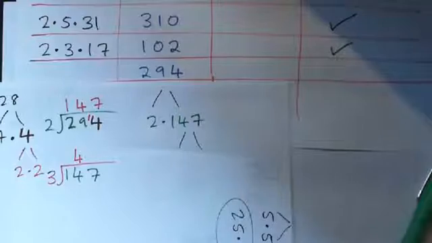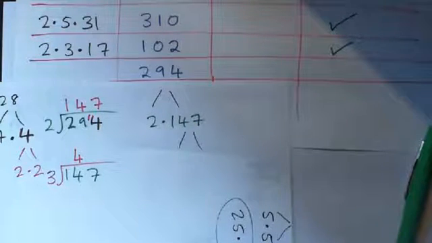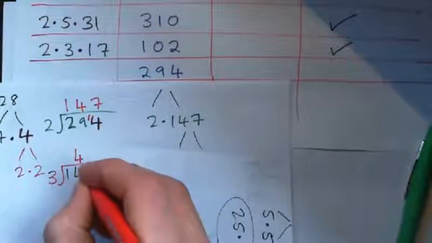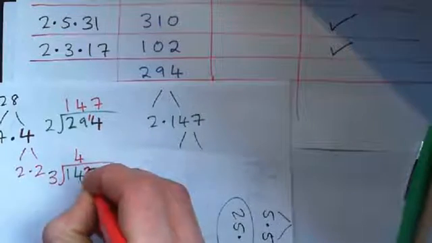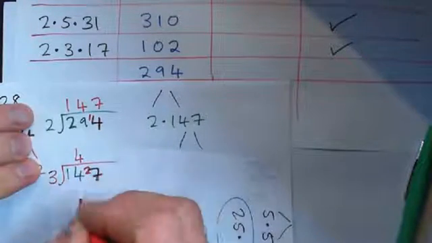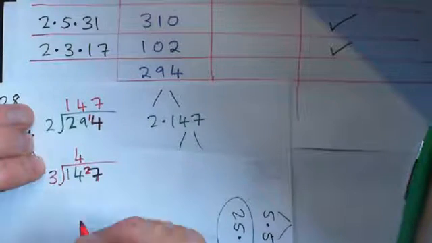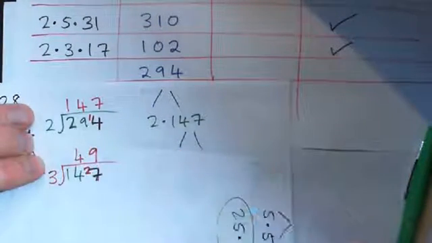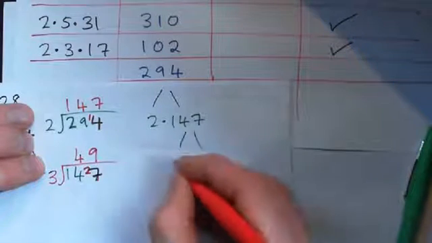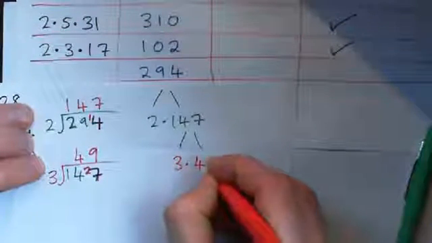Remainder what? You might have got remainder 2, right? And then you've got 3 into 27. What's 3 into 27? It's 9, isn't it? So 147 becomes 3 times 49.